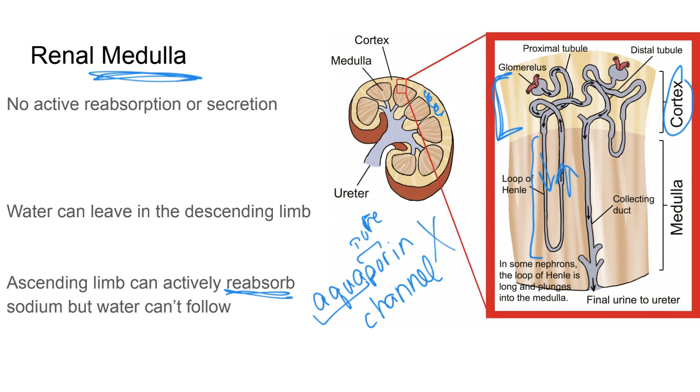So we get this very concentrated, very salty interstitial fluid down in the renal medulla. Remember, interstitial fluid is the fluid that is surrounding our cells. So what we have in the renal medulla portion of the kidney is very concentrated and very salty, because water was not following the reabsorption process that the sodium was doing.